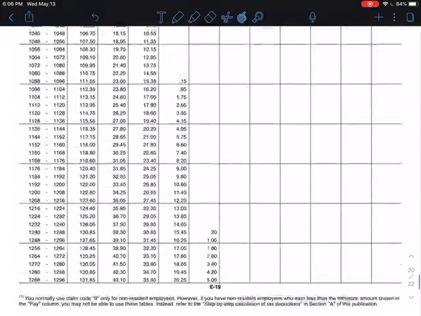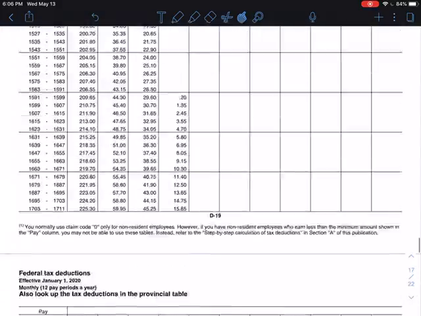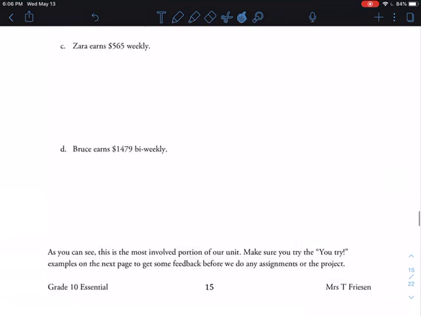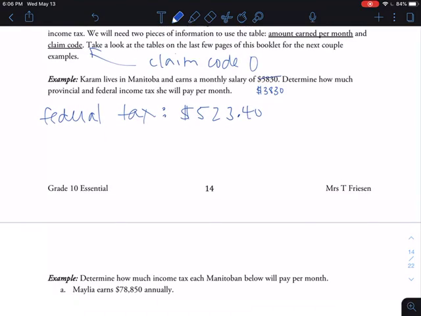All right, so going back up. There we go. Now we know that our provincial tax is $407.85. Whoops, decimal in the wrong spot. $407, not $40.85.